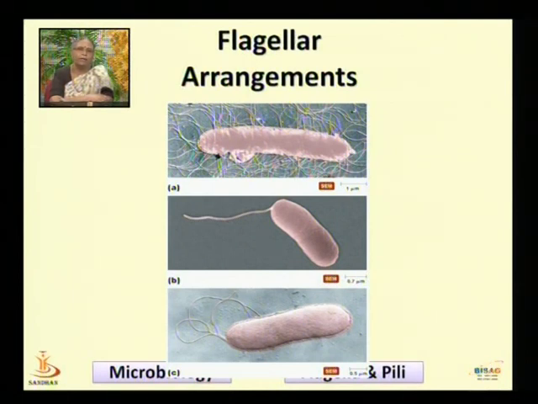So flagella we cannot see, even though we are able to see the movement. To see the flagella, we know that special staining techniques are required, and then we can see the flagella after staining them with a suitable technique.